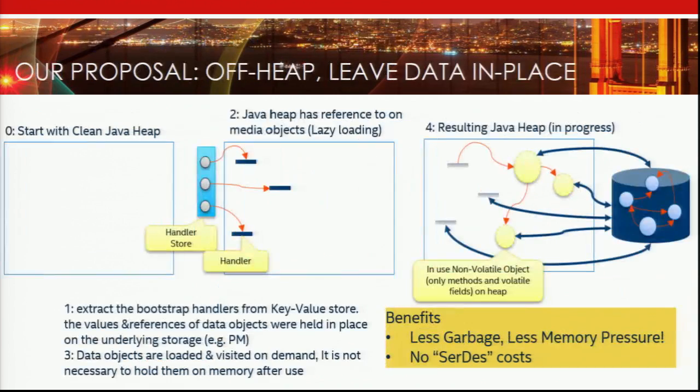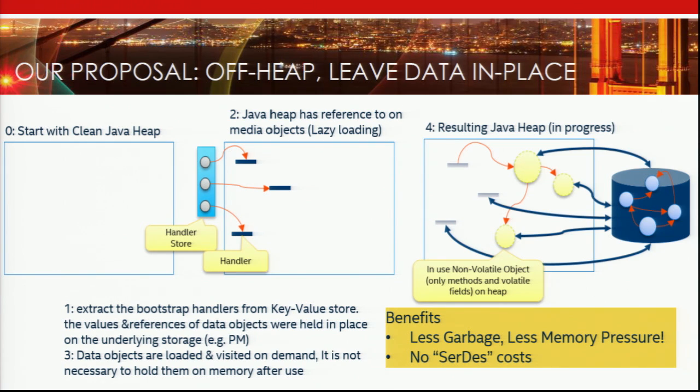So what we are trying to think about is this model. When the program starts, we load the data into persistent memory or SSD and so forth. We have a key-value store which stores a handler. A handler is basically a key, and the value points to where the data is stored.